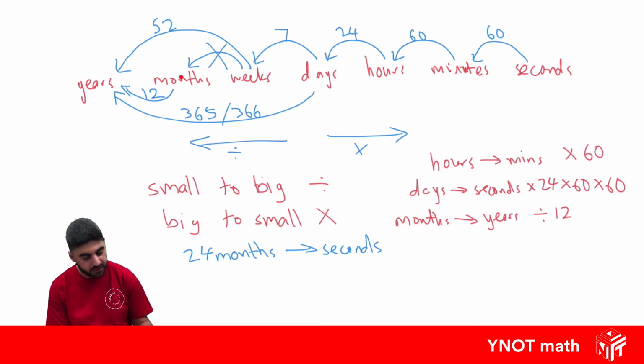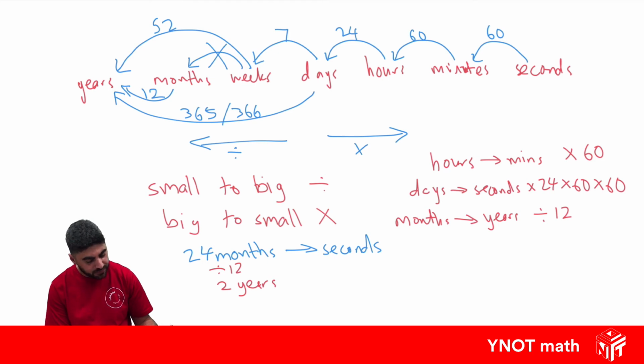So I need to go this way first to years, and then years to days, then days to hours, then hours to minutes, then minutes to seconds. So my first step is to go from months to years. And because I'm moving left, I need to divide by 12. So let's do that first. So we divide by 12, and that's going to be 2 years. So that gets us to years.